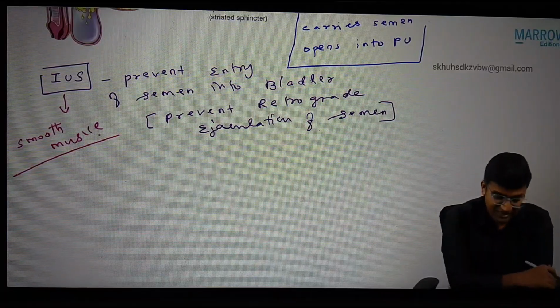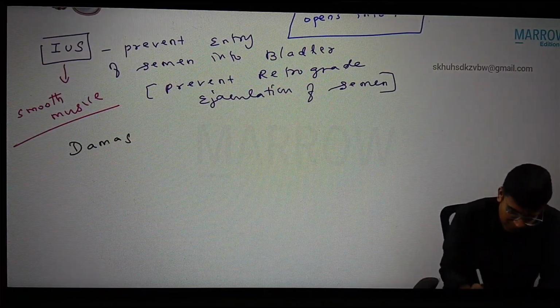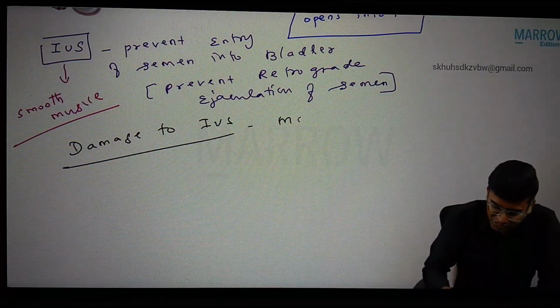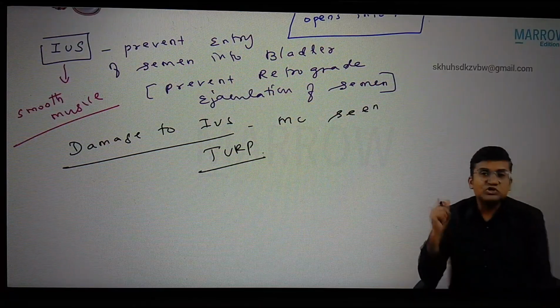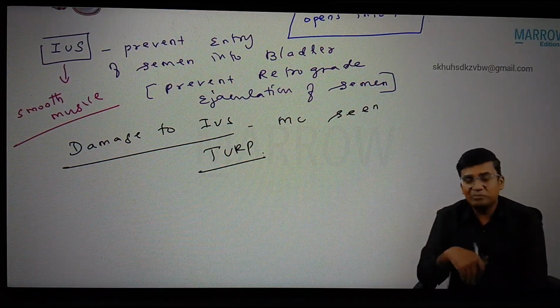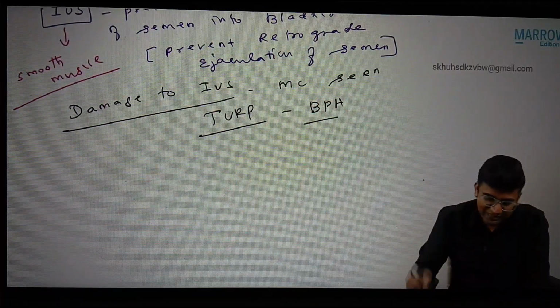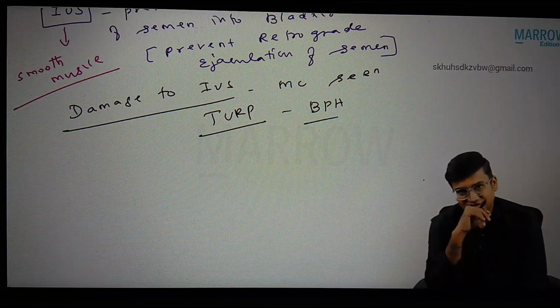Next one, damage to the internal urethral sphincter. That is most commonly seen in TURP, transurethral resection of prostate, the procedure we do for BPH. In the TURP procedure, the internal urethral sphincter is most commonly damaged.